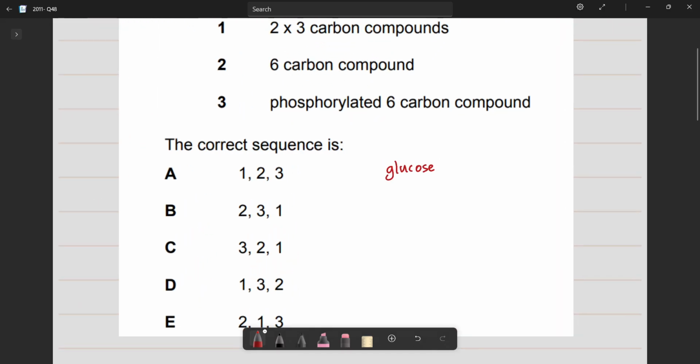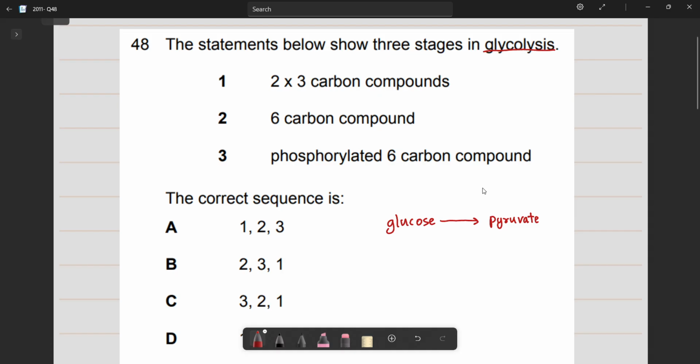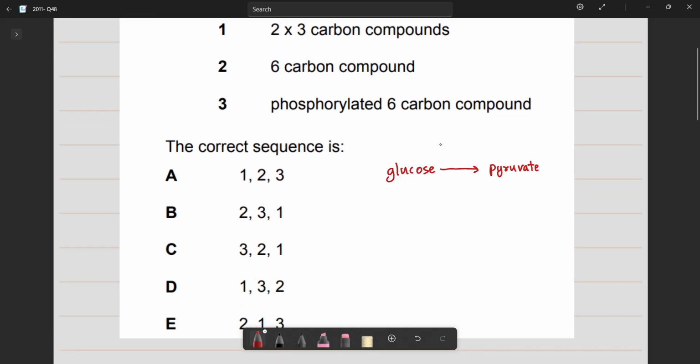Its main goal is that glucose is converted to a compound called pyruvate. This process occurs in the cytoplasm of the cell, the cytosol.